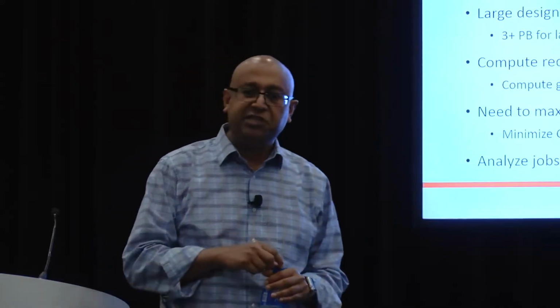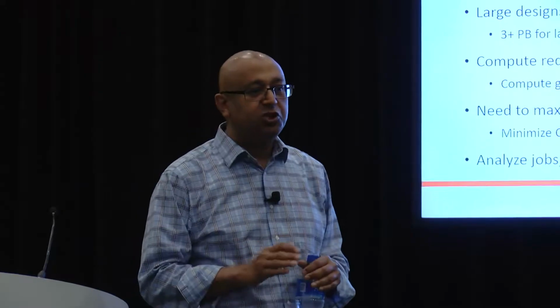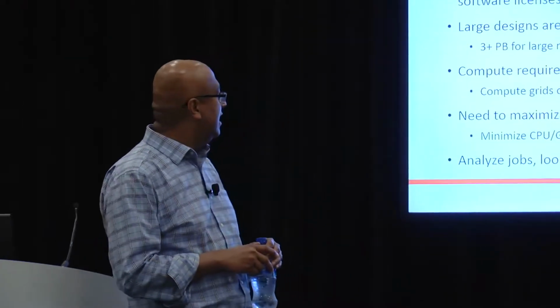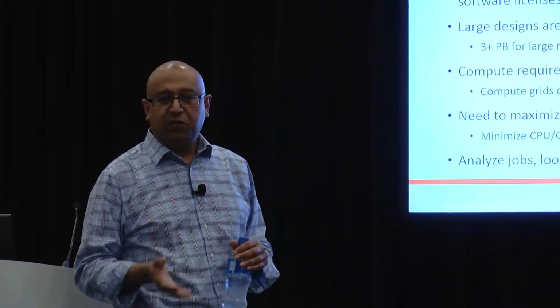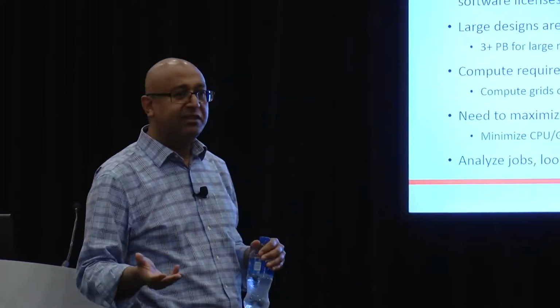In order to maximize your EDA job throughput and your AI workloads, you need to really maximize the efficiency of your data center resources. Essentially, what this means is to minimize your GPU and CPU wait times. What you need to do is analyze your jobs, look for clues, see where your storage is bottlenecking you, and try to mitigate that.